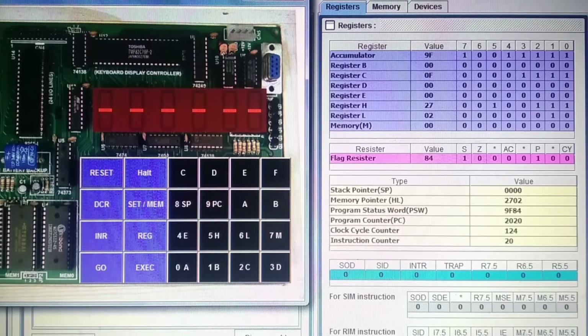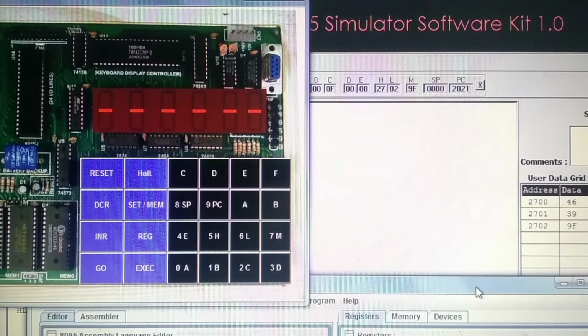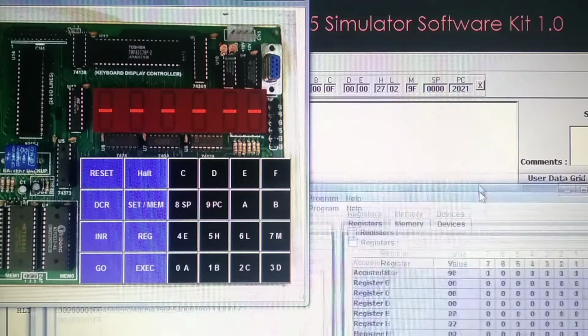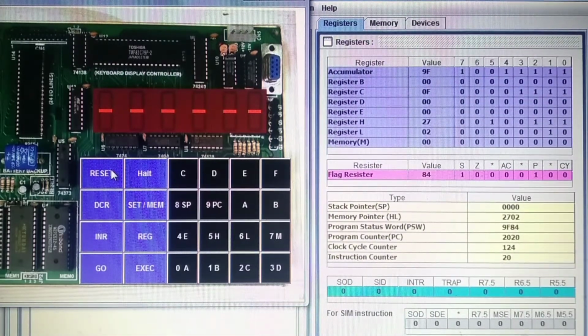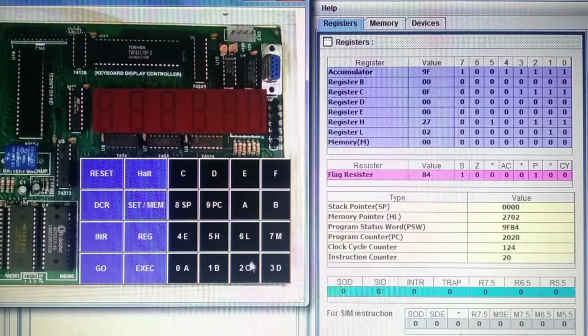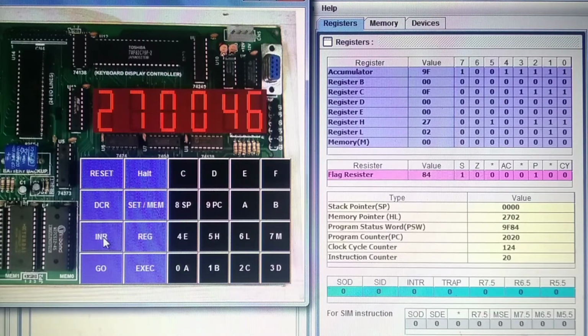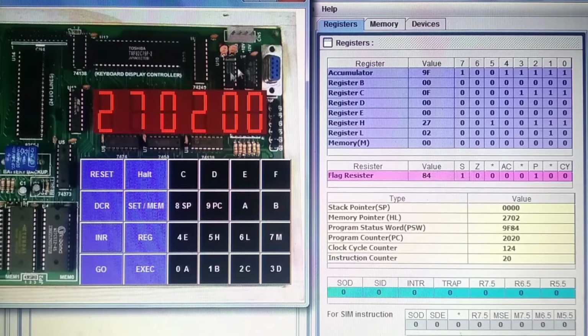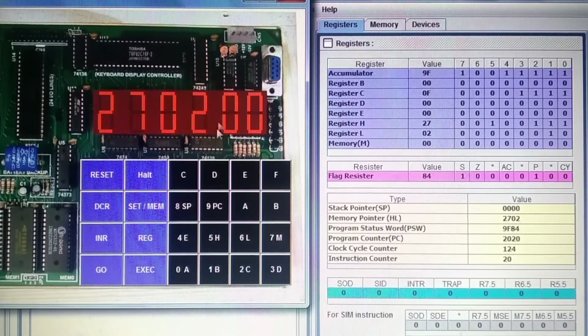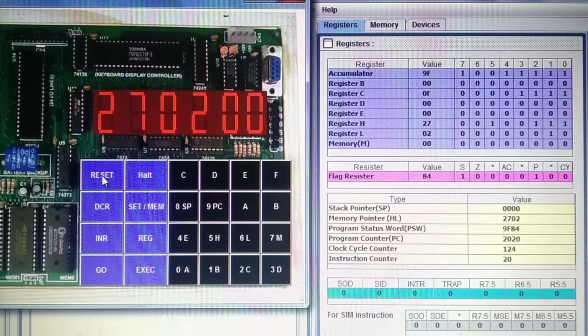At what memory location did we enter the data? 2700 and 2701. Here reset, set memory 2700, 46, 39. Here the result is there, you will get the result after execution of the program.